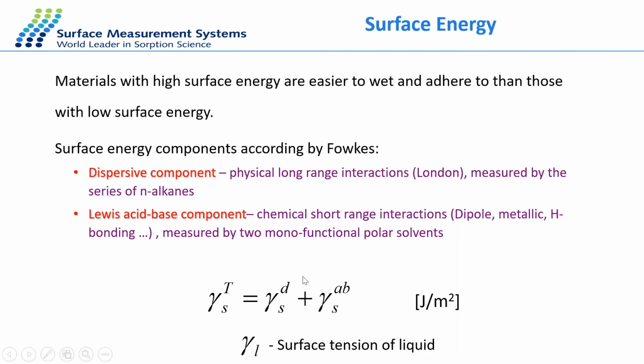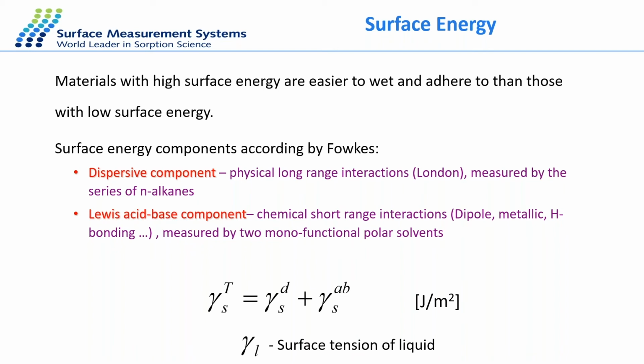So the surface energy symbol is gamma, like the surface tension, but there's an S which indicates that it's related to a solid. So the total surface energy has different components, dispersive and specific, or it's also called the Lewis acid-base component.